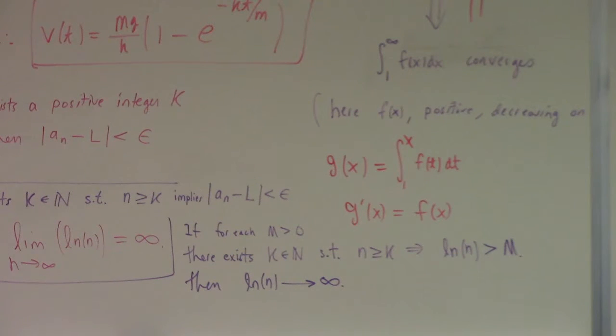In other words, for each positive number, you have to be able to exhibit for me a positive integer such that everything in the sequence beyond that point is larger than m. You have to be able to do that for arbitrary m. If you can do that, you've shown the limit of the sequence is infinity.